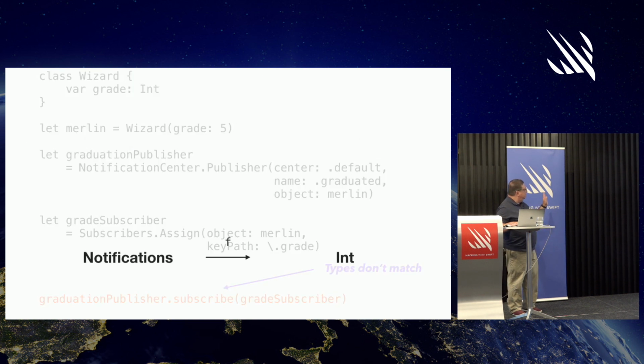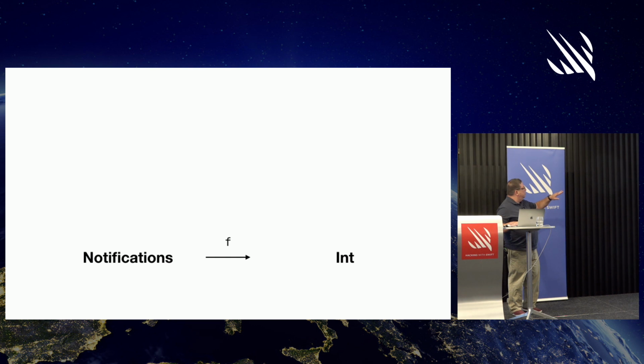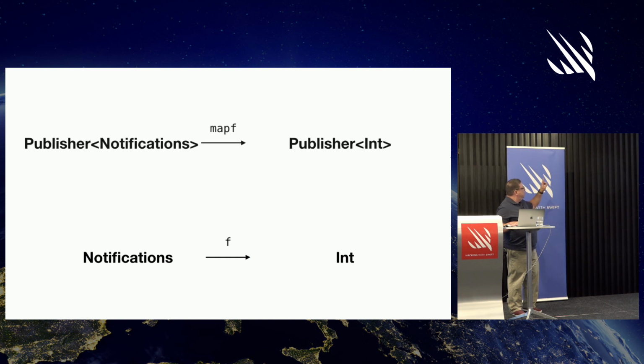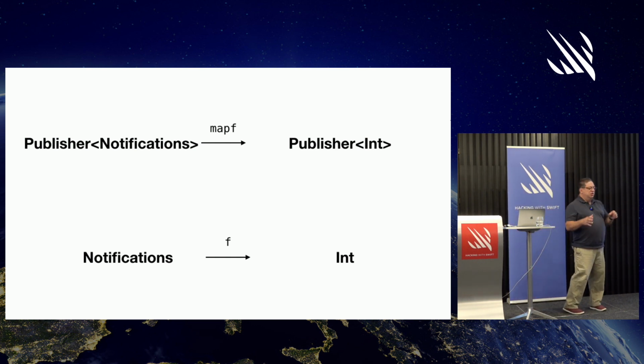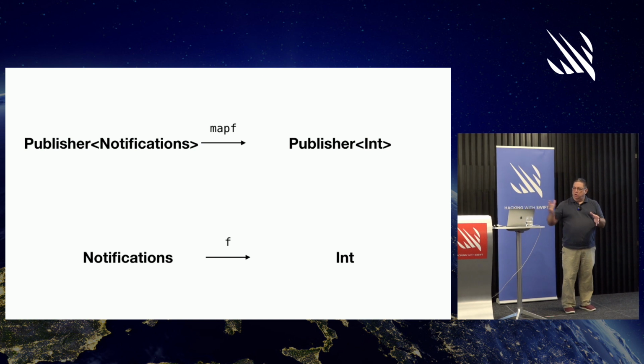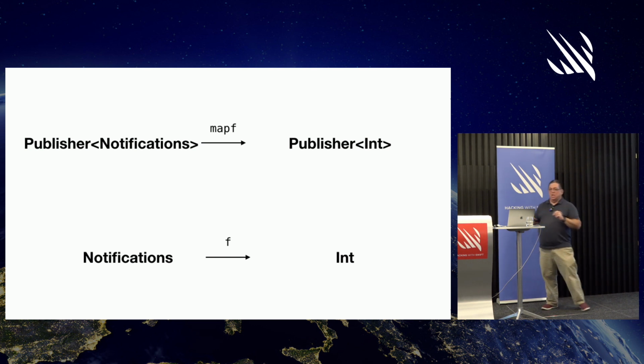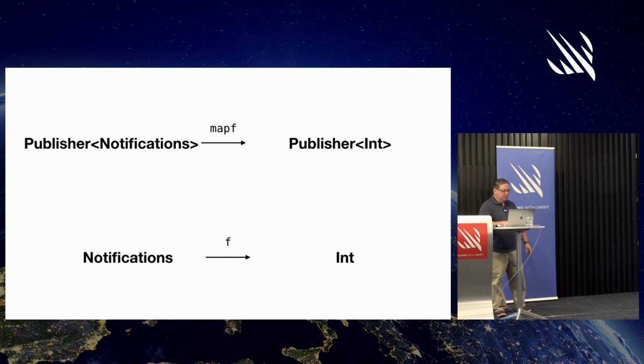So this time I'm lifting up not into the world of arrays or optionals, but into a publisher generic and notifications. And so what map is going to do is it's basically going to sit here and receive a notification and then publish out an int. It's going to be both a subscriber to what it's getting from here and a publisher to what it's sending out. And what it does to transform in the middle is map.